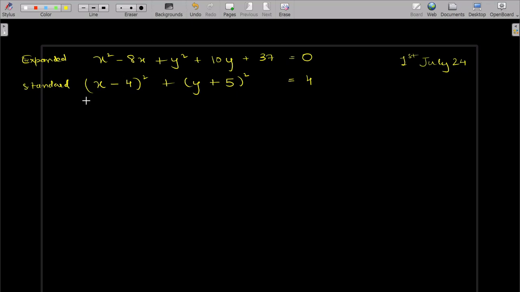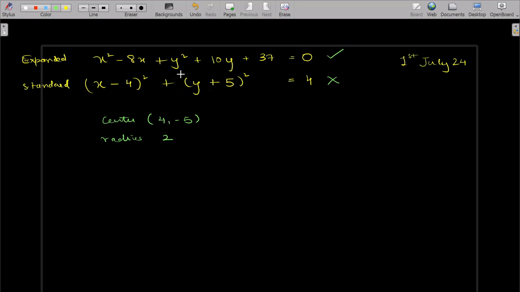Would the center be 4 comma negative 5? Yes, center is 4 comma negative 5. And what is the radius? 2. Perfect. Now you can get this center and the radius without converting the equation into the standard form. Just by looking at the expanded form you can directly tell these coordinates.